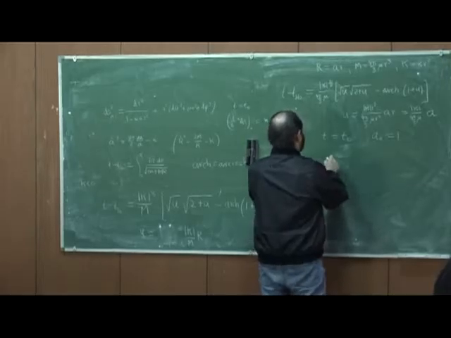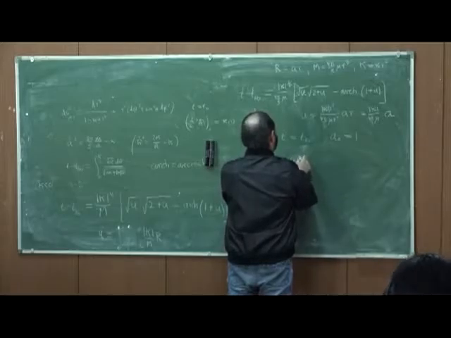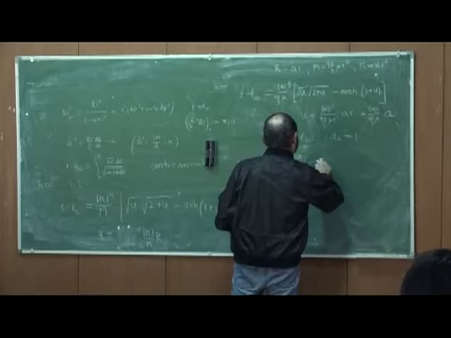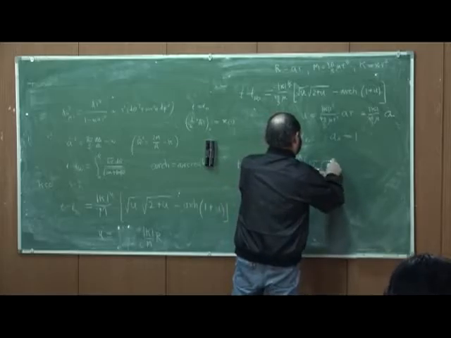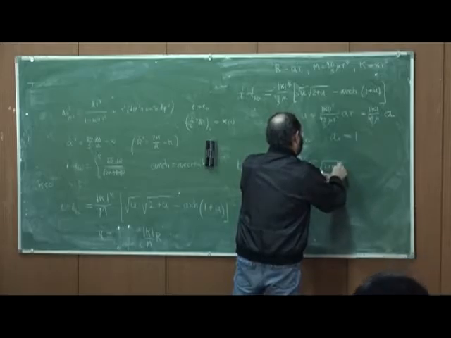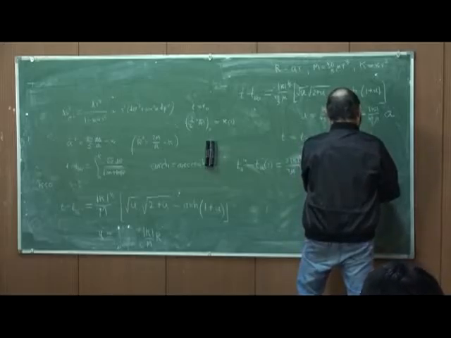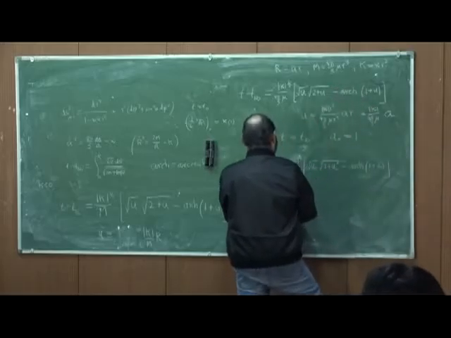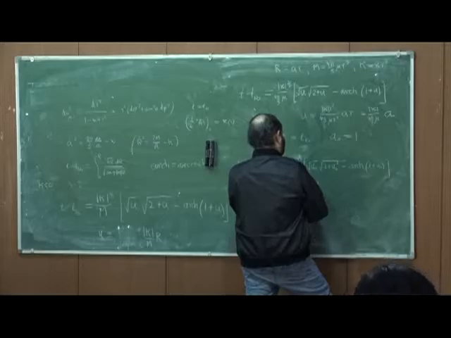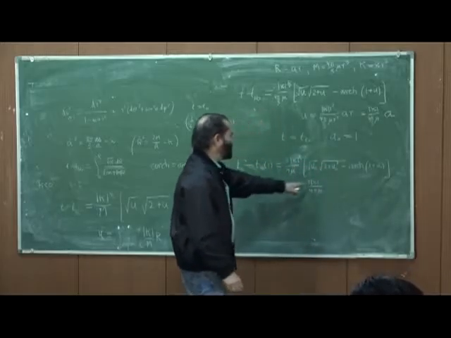This will be equal to 3 kappa to the 3 halves by 4 mu, multiplying u0 times 2 plus u0, minus hyperbolic sine inverse 1 plus u0, where u0 is identical to kappa, 3 kappa by 4 pi. Okay. So this is a function of r.